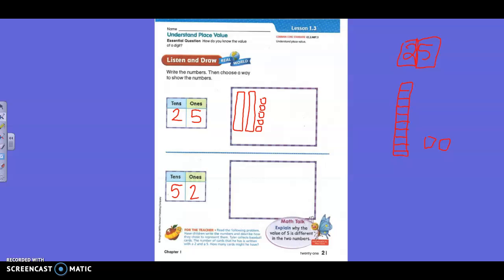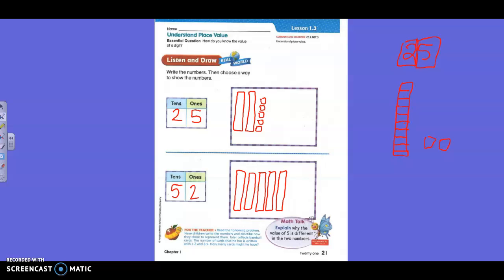Draw 5 lines. 5 sticks that show 10 blocks, right? 5 of these. Good. 5 big blocks to show 50, right?